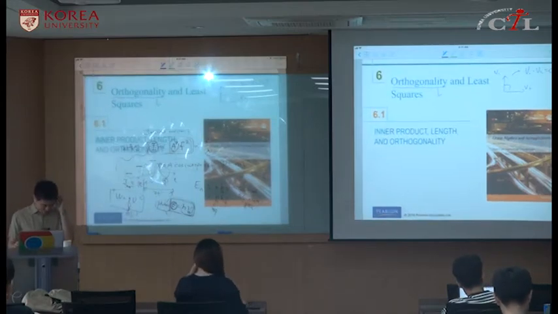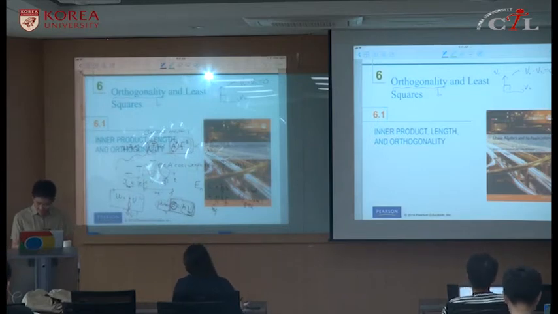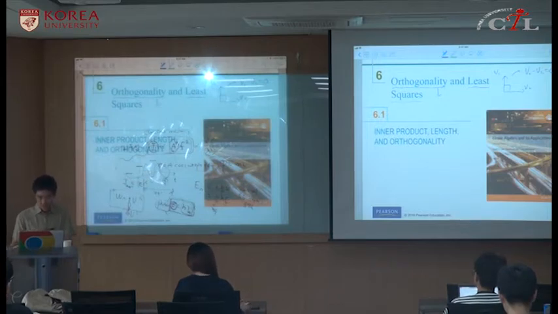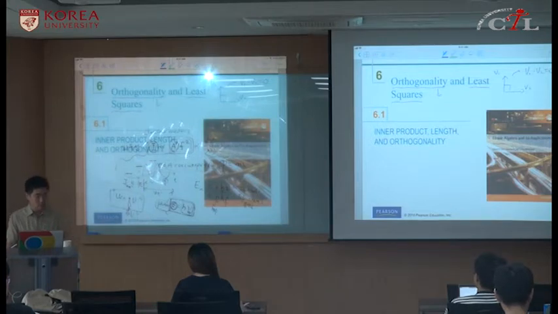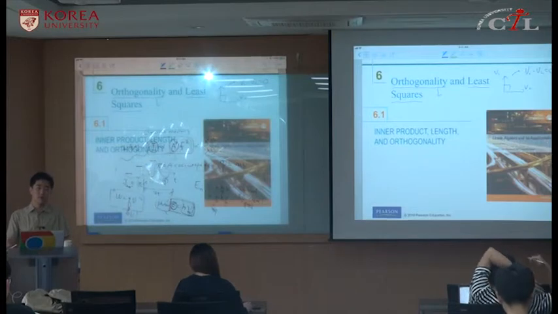Okay, and then using this orthogonality, something called least squares is about solving the linear system even when we cannot find the exact solution of our given linear system.